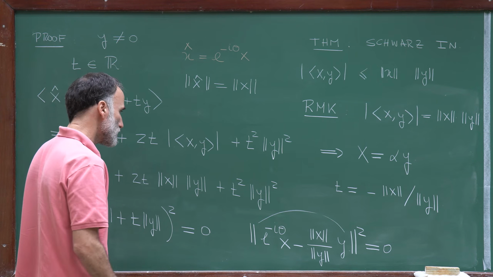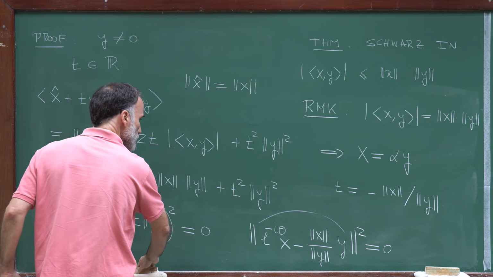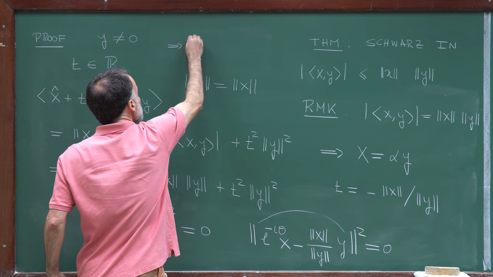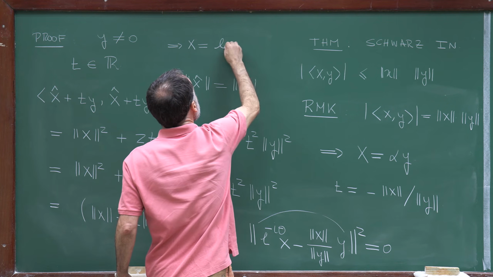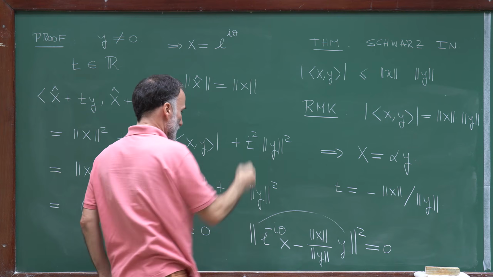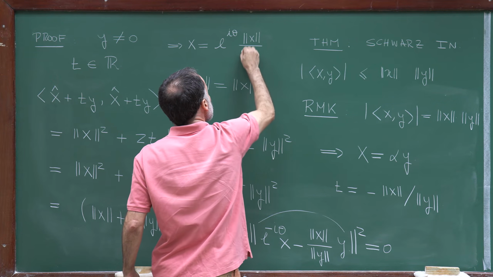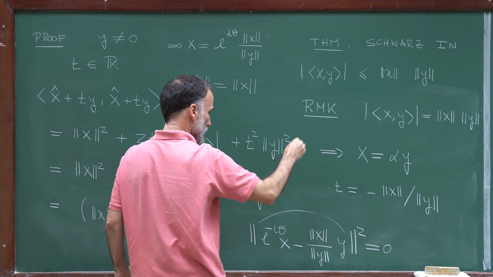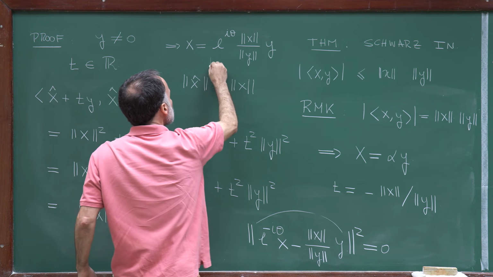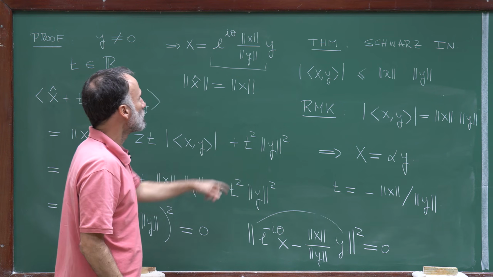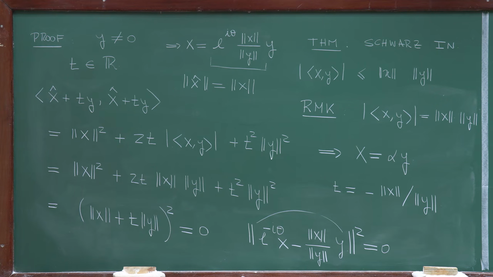And therefore x is equal to exponential i theta, the norm of x divided by the norm of y, times y. So this proves that indeed x is equal to a scalar times y, and this is what we claimed.